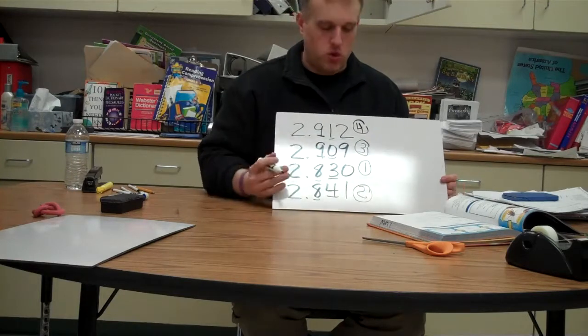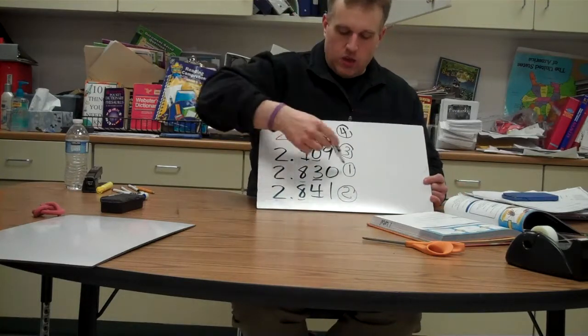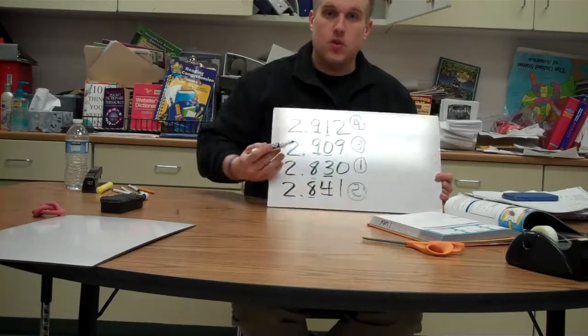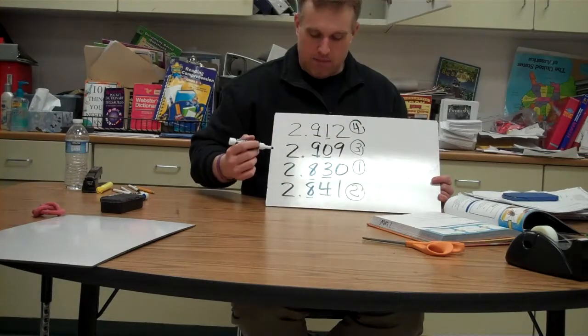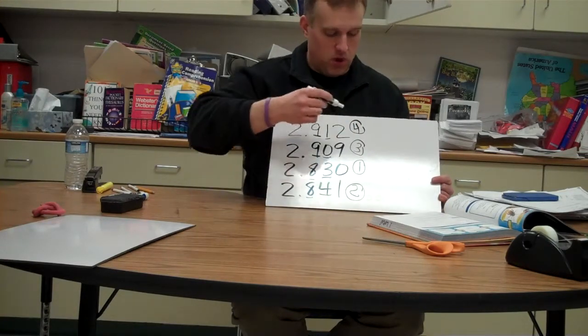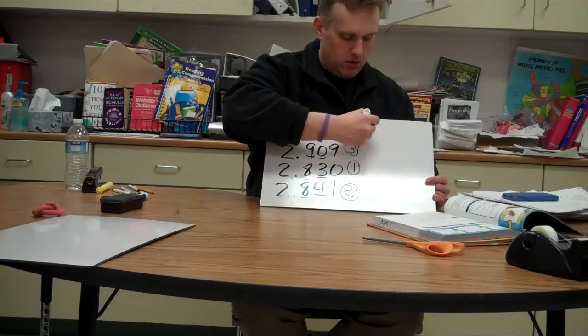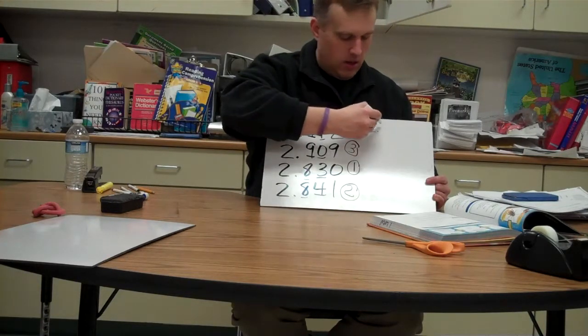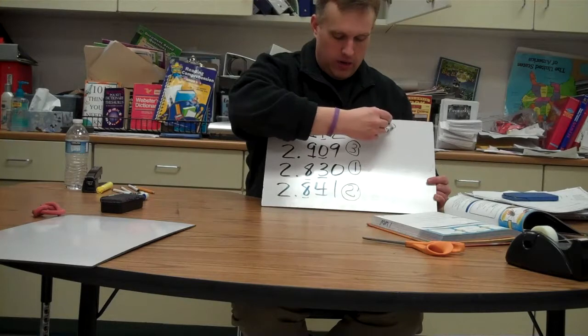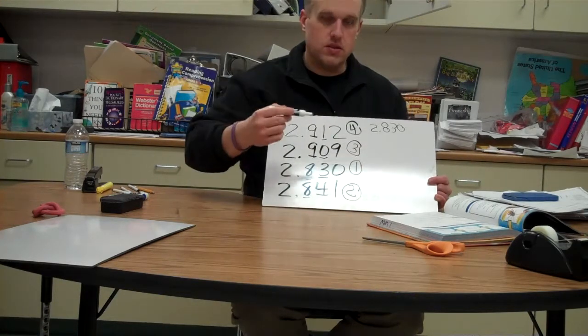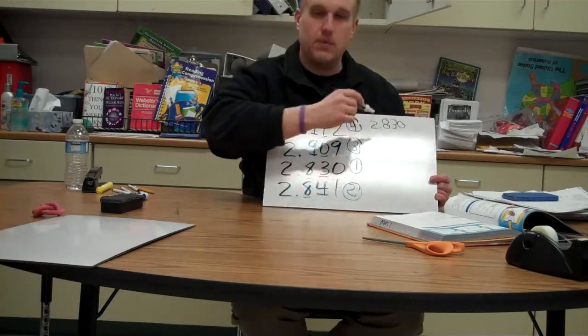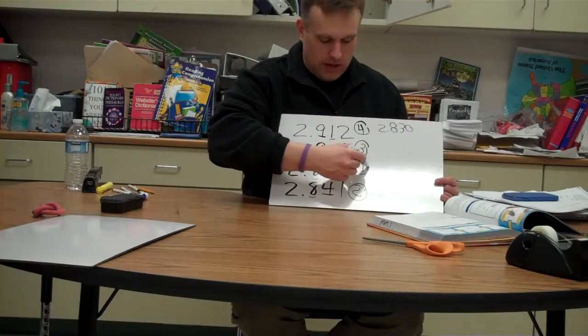So what you should probably do when you do it, you go ahead and rewrite these horizontally in the correct order. So you would write 2 and 830 thousandths. I'm just going to write them up and down just because I don't have space. So I got that one.